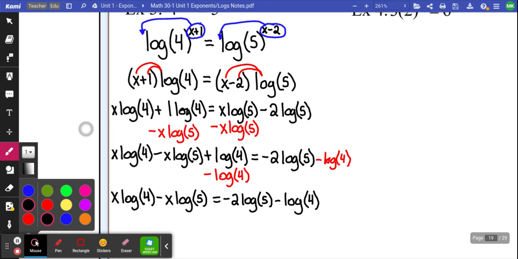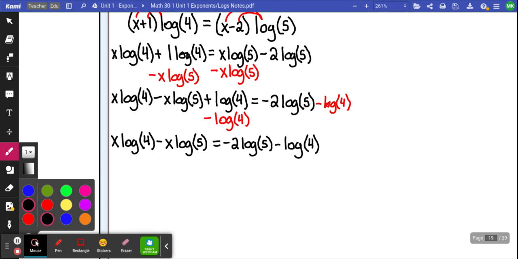If you divide it by log 5, then you're also dividing this by log 5, which is going to make a mess. And then if you divide by log 4, it makes this one a mess. So you're in a weird spot here. What we're going to do to help ourselves out on that left side of the equal sign is try to get the x away from the logs rather than get the logs away from the x.